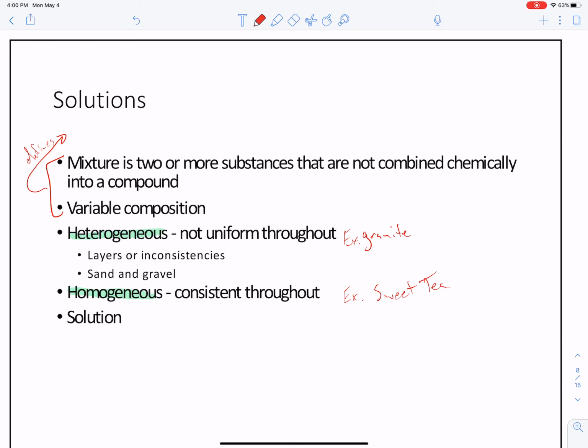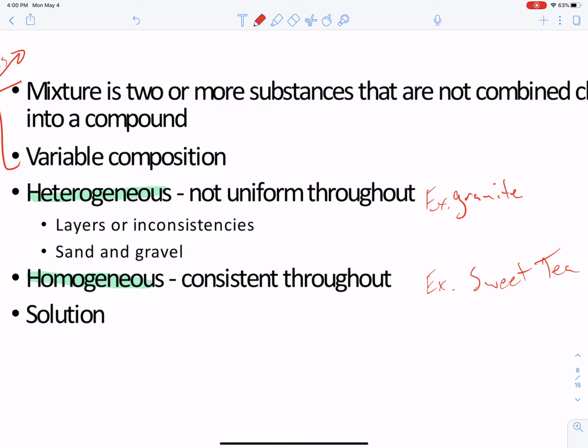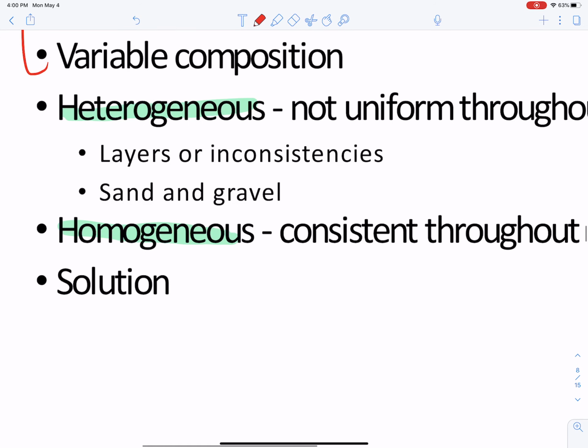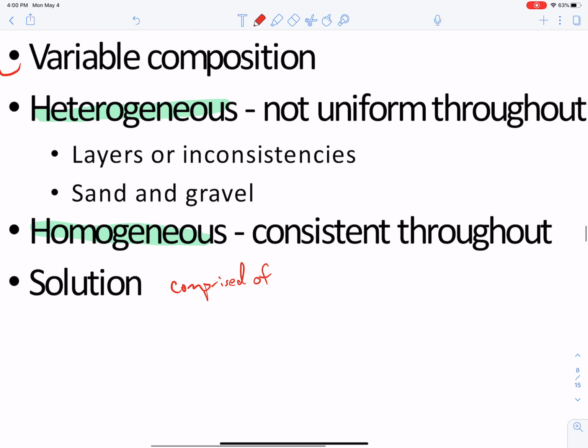So, these solutions are comprised of a couple of different things. You notice it says two or more substances that are not chemically combined. So a solution is comprised of one, a solvent, and two, a solute.